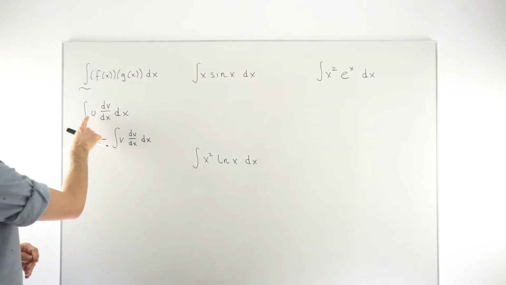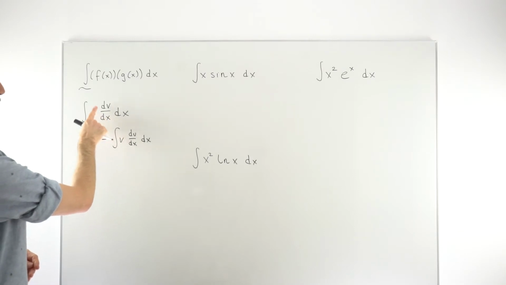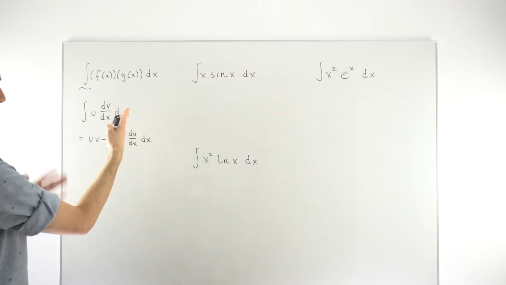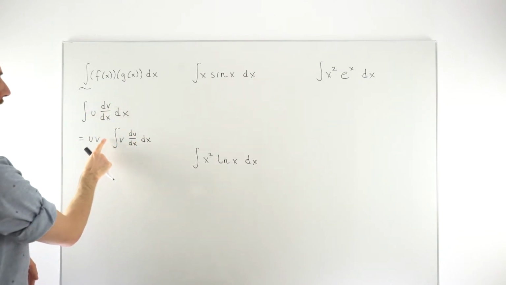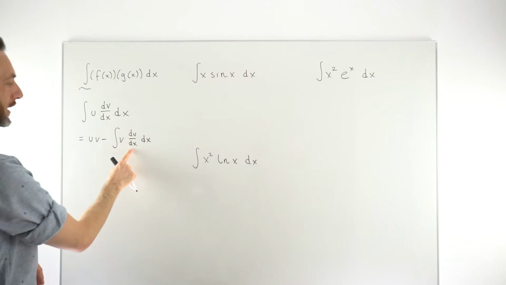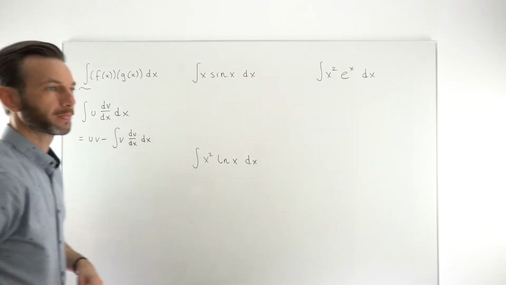So if you've got an integrand in this form, u dv/dx, and you're integrating with respect to x, then that would evaluate as uv minus the integral of v du/dx dx.